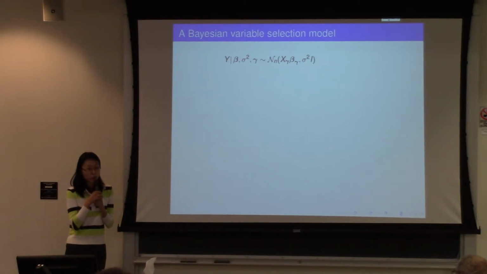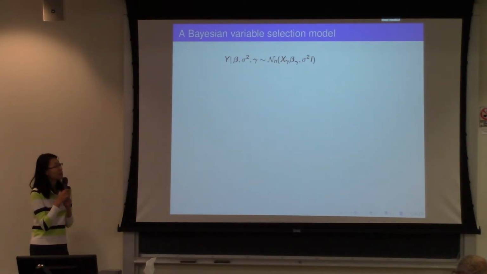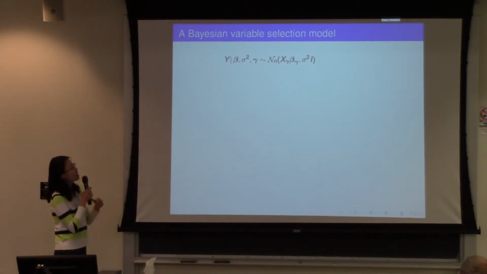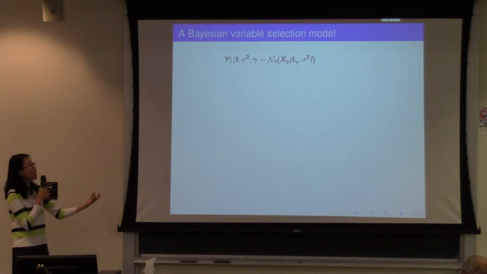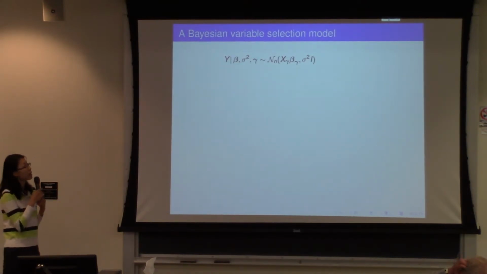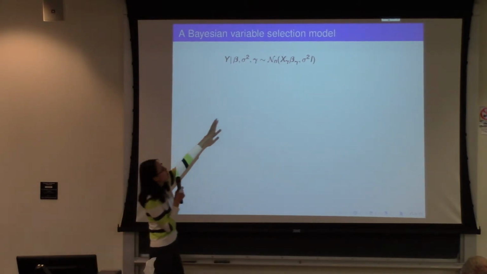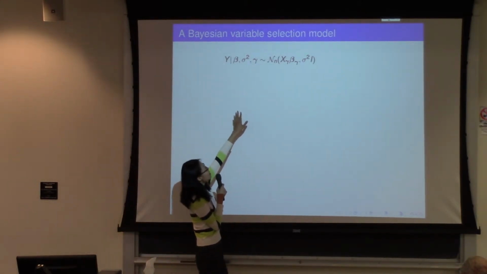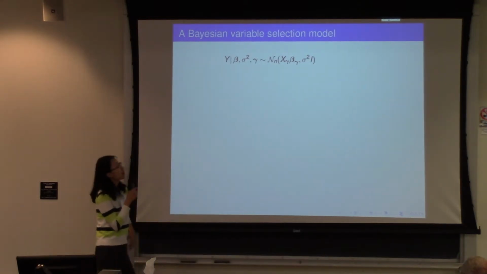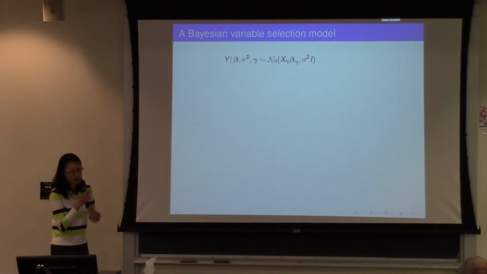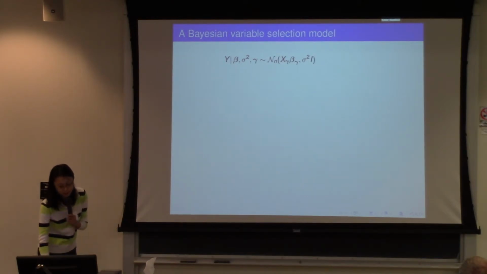Now how do I decide which gamma is the best one to use? Actually, I don't decide which one it is. I will think about assigning probability to those gammas. This line is actually just a different way to write down the last line on the previous page. I assume y, for this gamma, the subset of predictors, follows a normal centered at X_gamma beta_gamma with some variability.